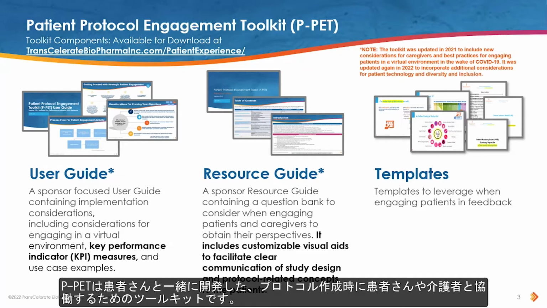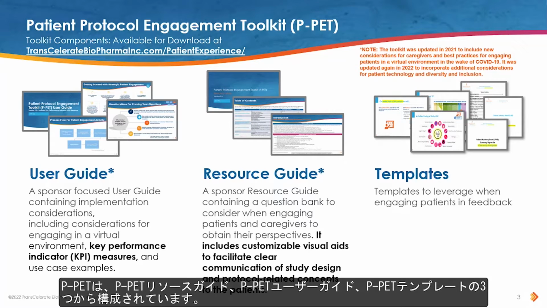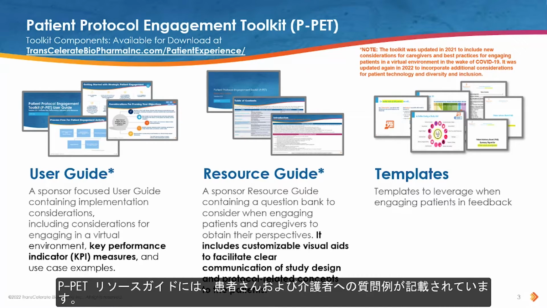The PPET was co-developed with patients and provides tools and resources to use in engaging patient and caregiver advisors during protocol development. It's comprised of three components: the PPET Resource Guide, the PPET User Guide, and the PPET Templates. The PPET Resource Guide offers sample questions for you to use when engaging with patients and caregiver advisors.